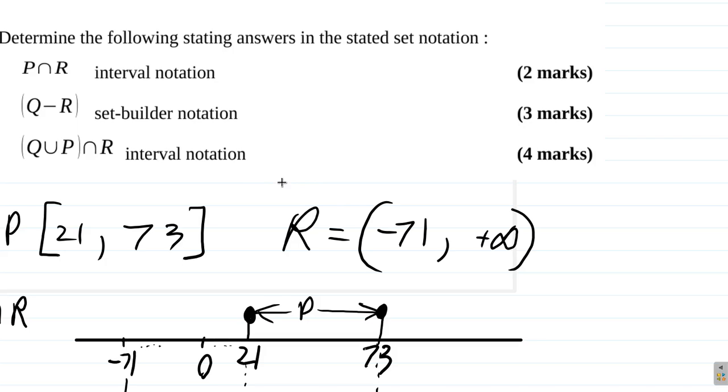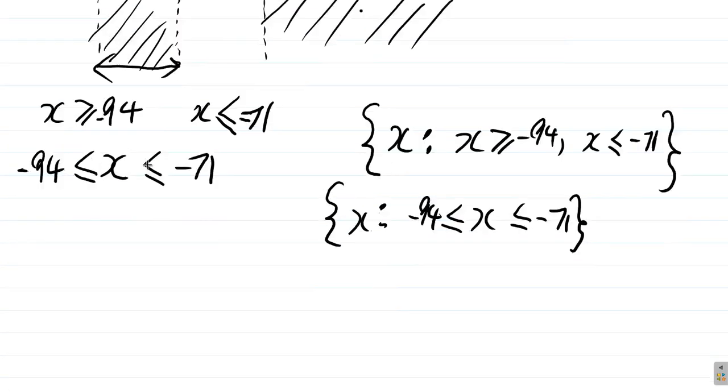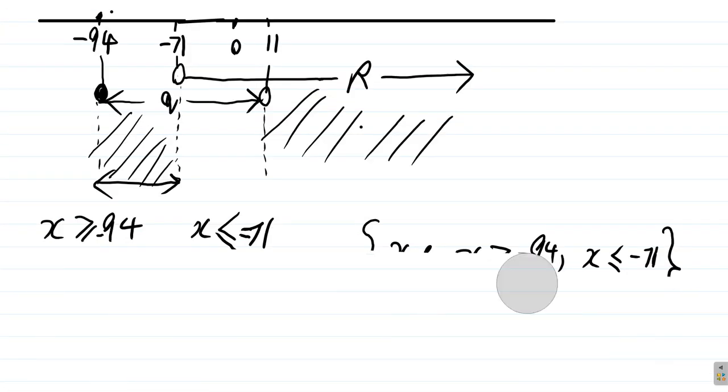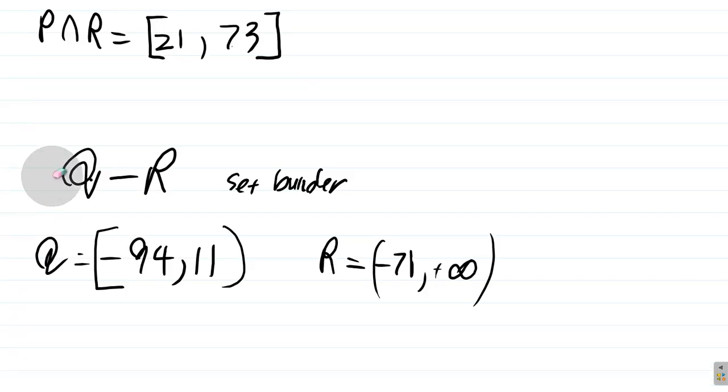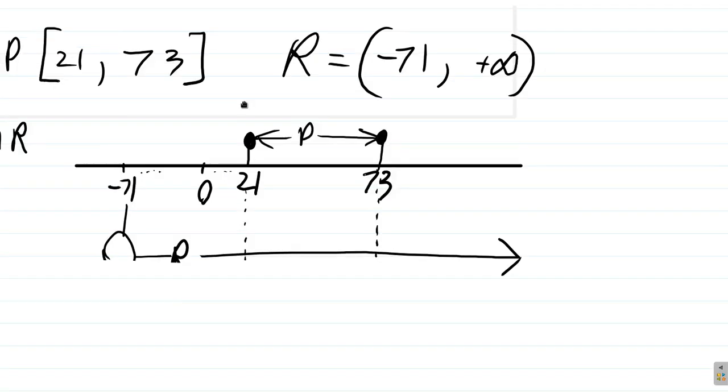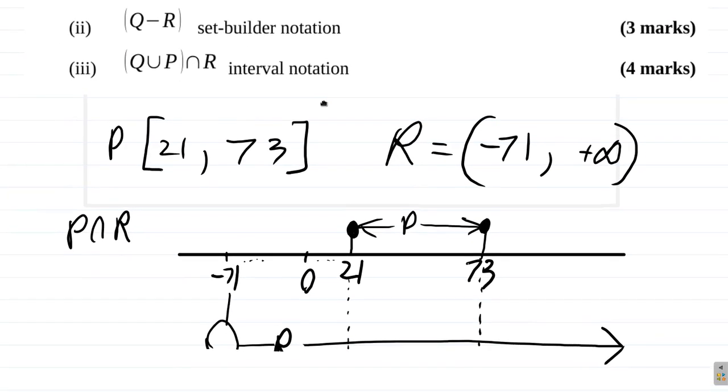After that, now, this part in interval notation, you know what, let us erase this previous work. I don't think we're going to use it up here. We just want some space to work.